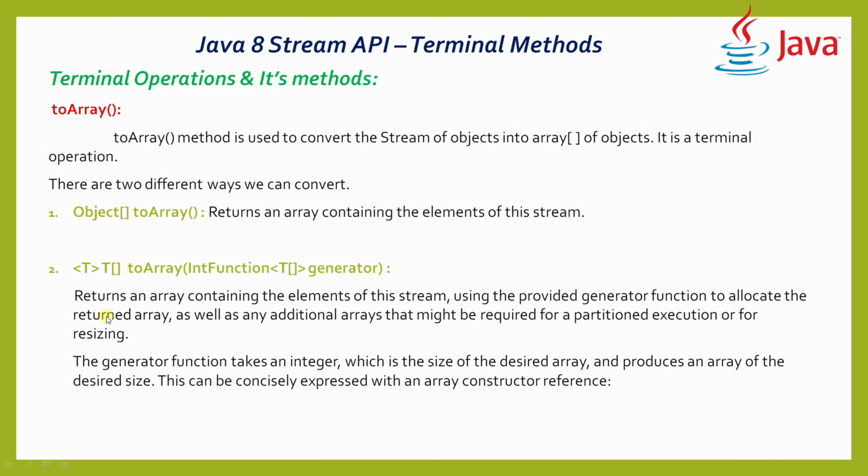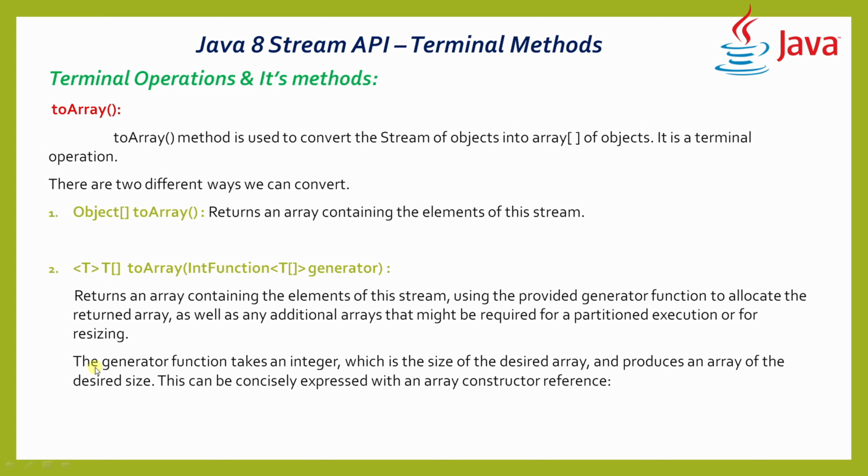What I am trying to say is that this method returns an array containing the elements of the stream, using the provided generator function to allocate the returned array, as well as any additional arrays that might be required for partitioning or resizing.